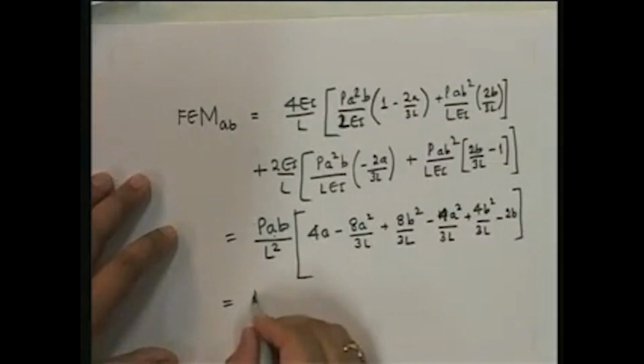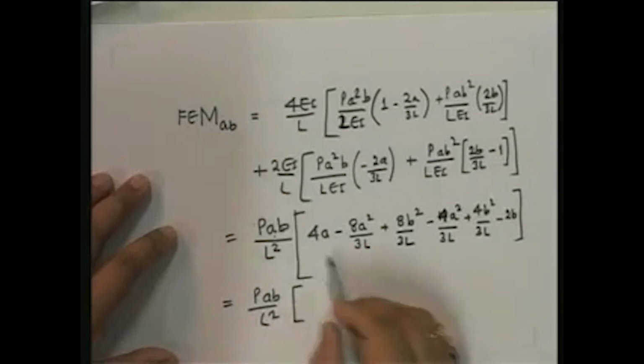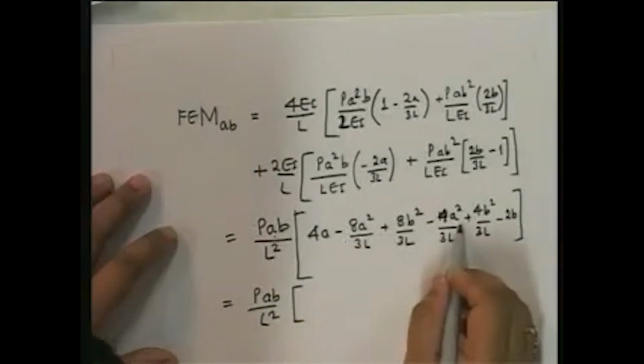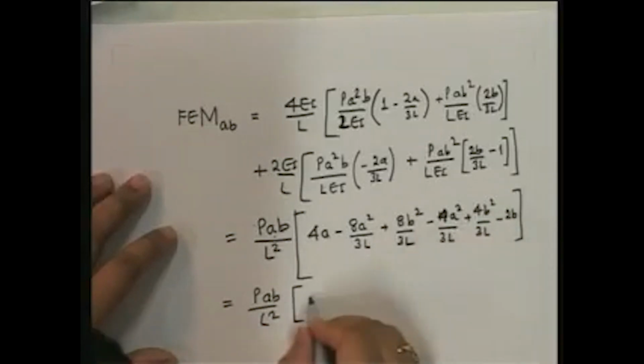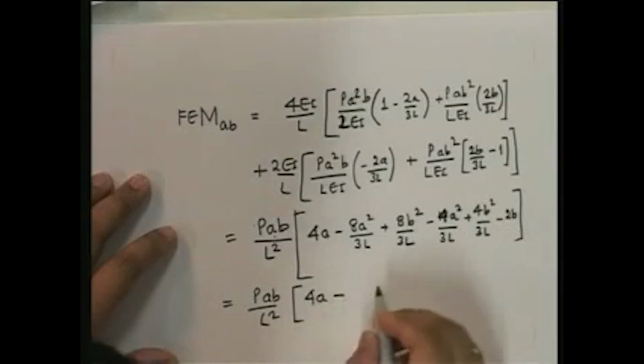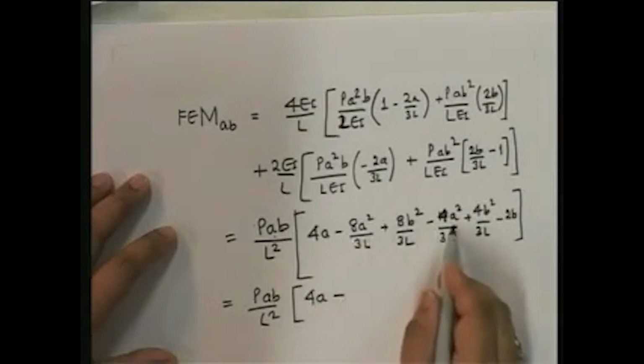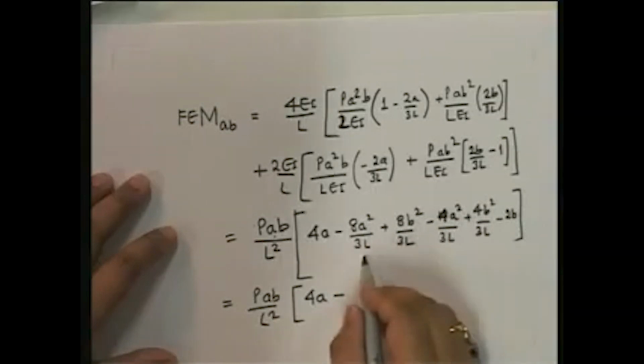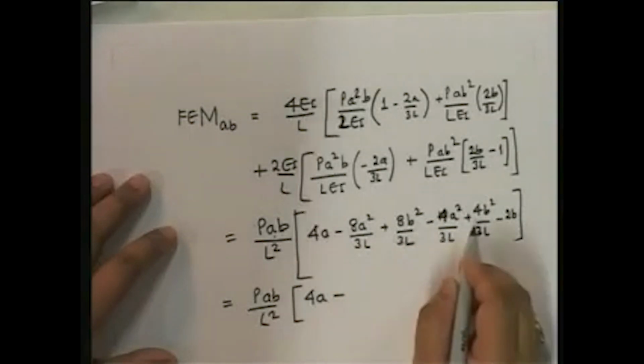So here, if I take P upon L squared, you will see that this becomes 12A squared upon 3L. So what is that? That is equal to 4A minus 4A squared upon L plus B squared.